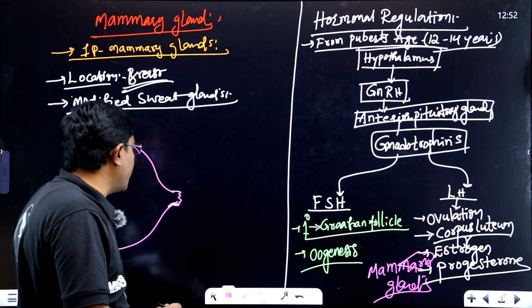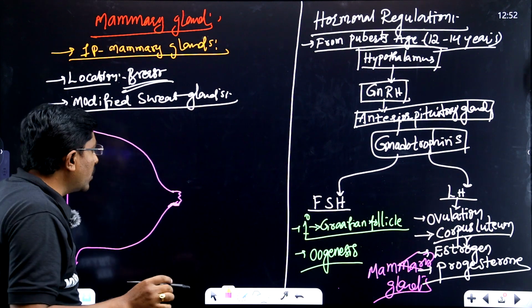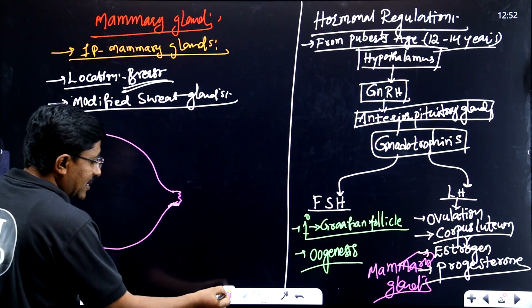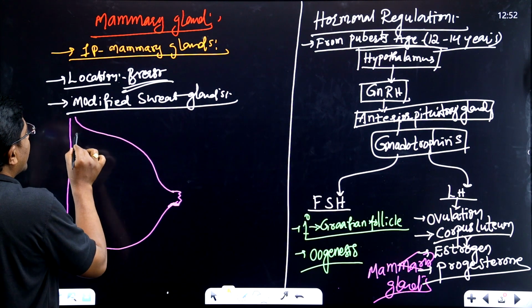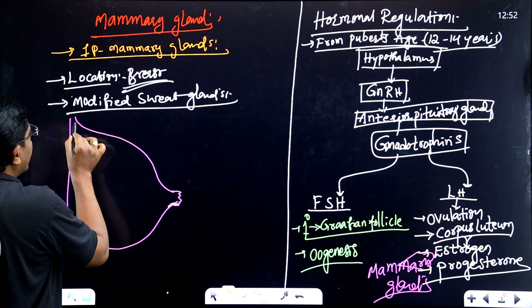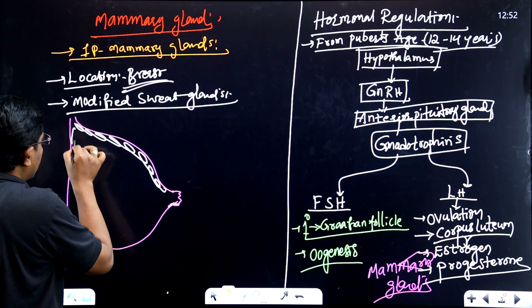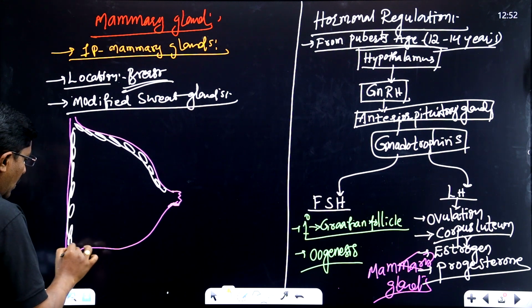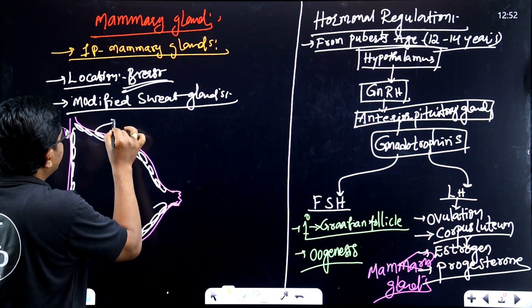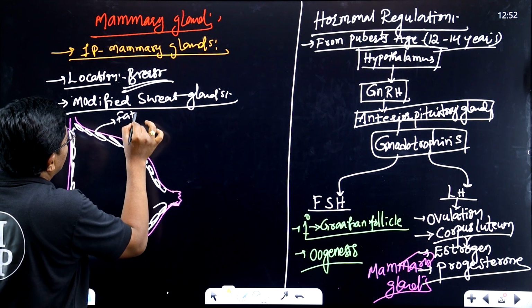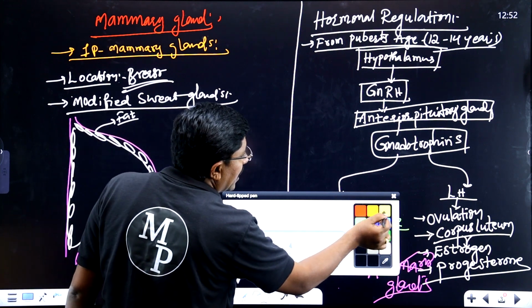This is the mammary gland structure, and inside it there are mammary tubules and mammary lobules. So it is total fat bodies.